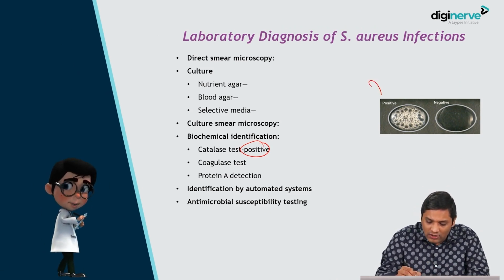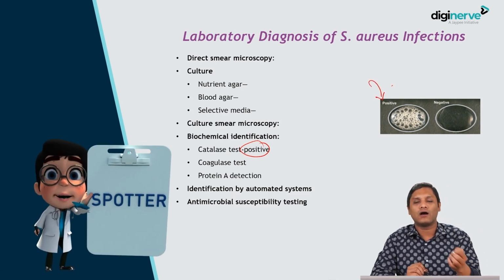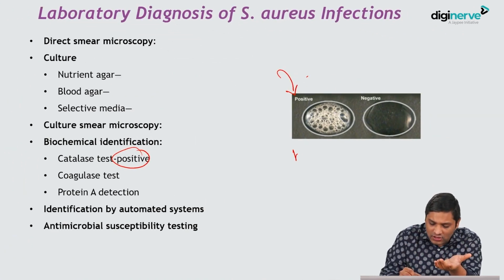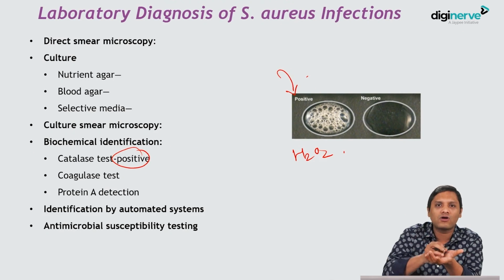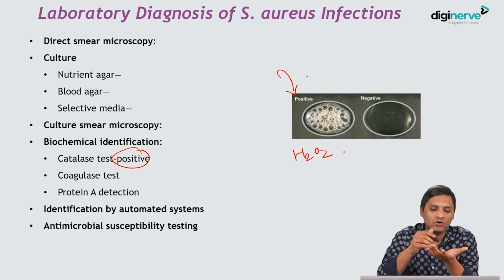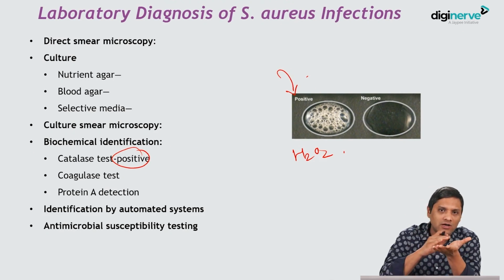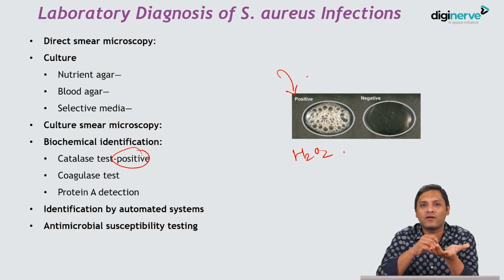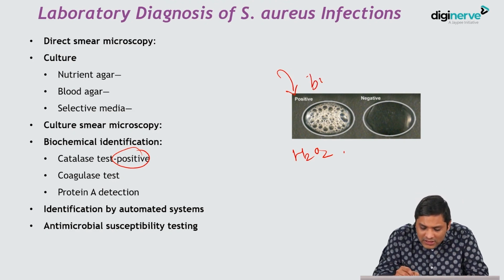If you take a slide, put a drop of hydrogen peroxide over it, take one colony and inoculate it into the hydrogen peroxide, then bubbles will appear.